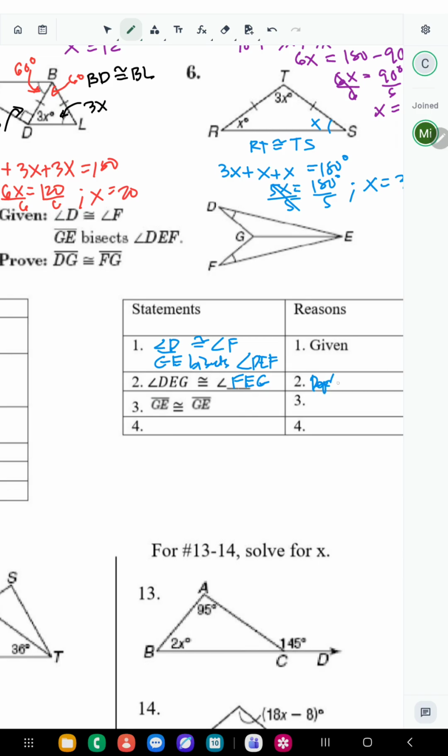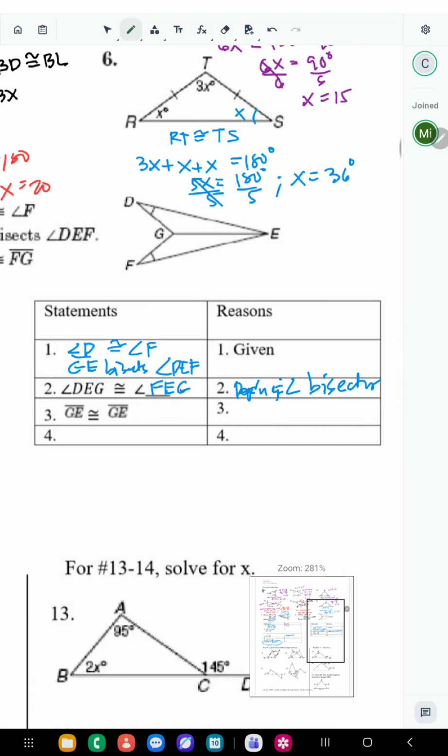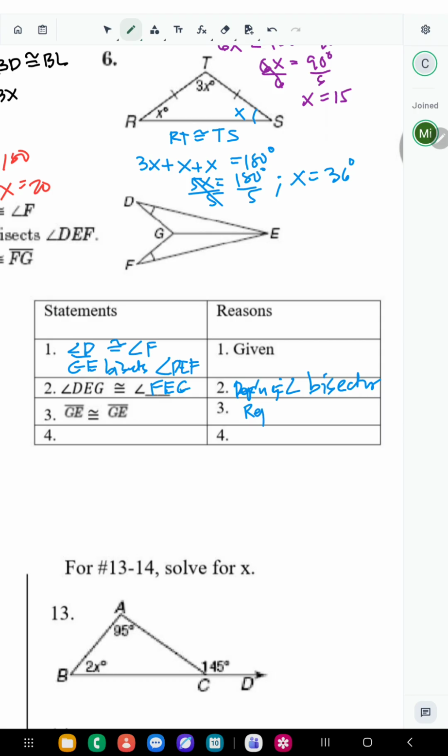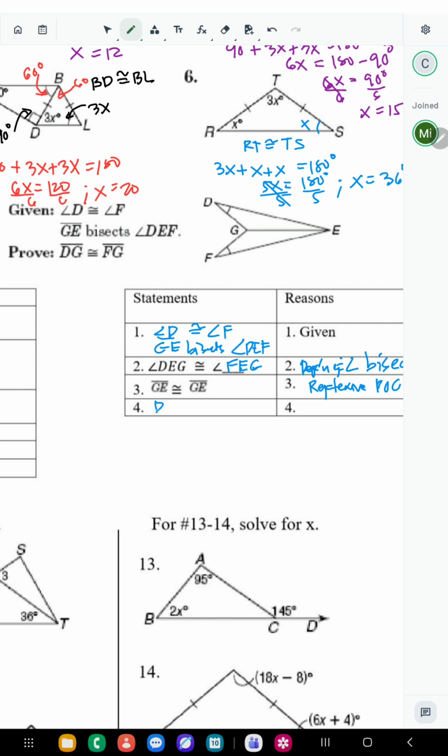Definition of angle bisector, or bisector. Then GE, so this is reflexive property of congruence. Then BG is congruent to FG.